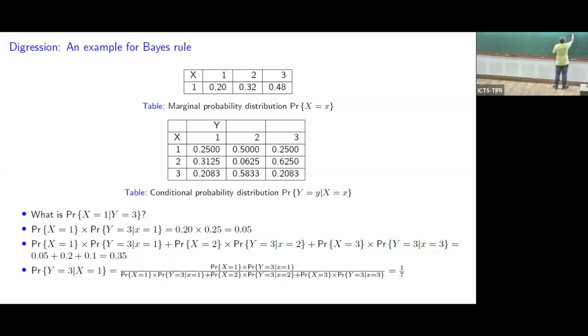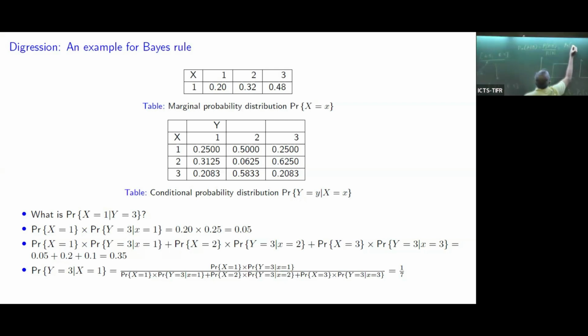If you have two events, probability of A and B, you can always write it as probability of AB divided by probability of B, and then you can always write this as probability of A into probability of B given A, over probability of B. So this does not depend on any disjoint property of A and B.